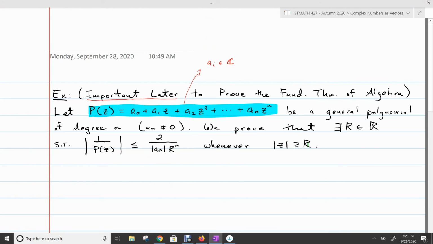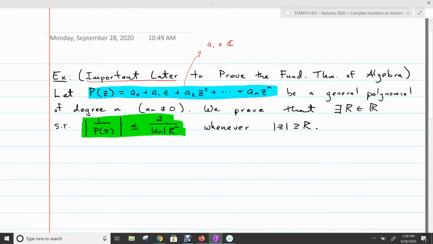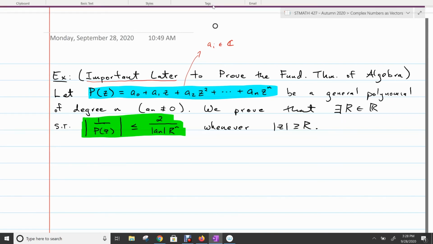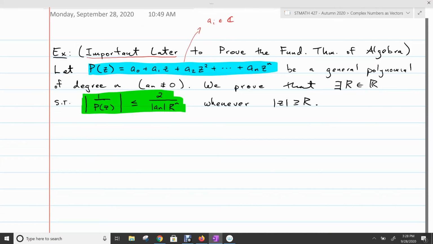So we want to prove that there exists such an r, so that this inequality is true whenever your z's modulus is bigger than r. So it's kind of a convoluted looking statement to prove. So I wouldn't worry too much about what it means in some sort of geometric sense or anything like that for now. I would just think of it as some sort of algebraic thing that we need to settle. So how can we go about doing this?